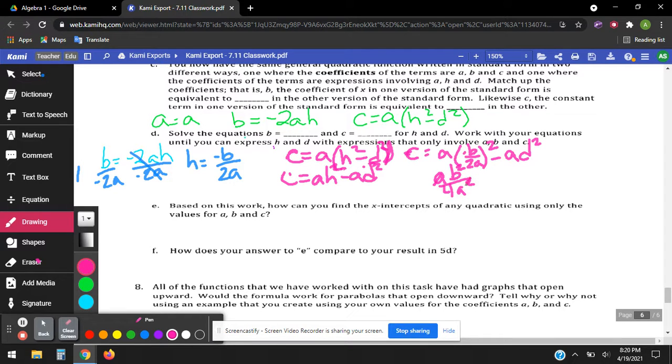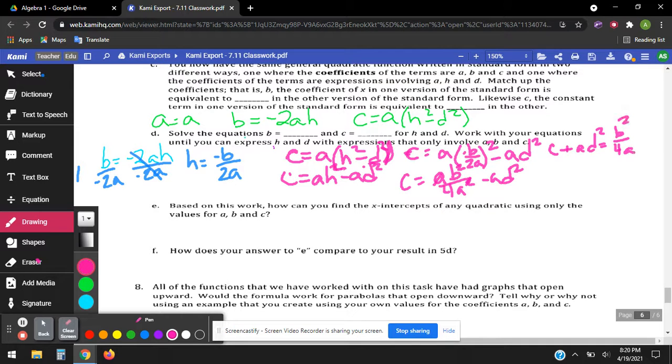But these a's will cancel, minus ad squared. Those a's cancel, and that equals c. And so now I can add ad squared over here. So c plus ad squared equals b squared over 4a, right?